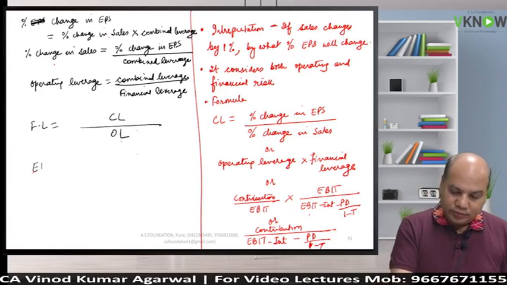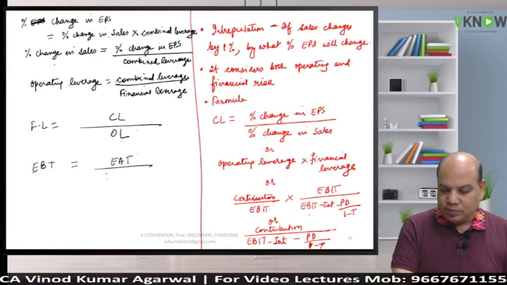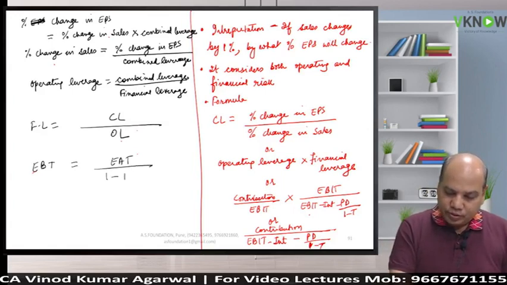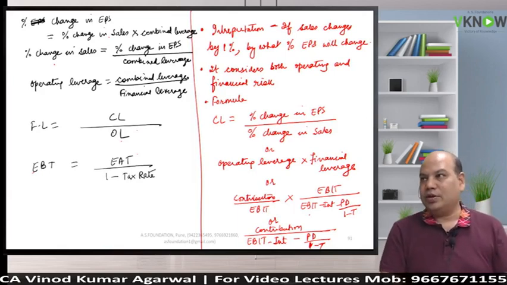Then write EBT equal to EAT upon 1 minus tax rate. Reverse working question: from EAT you have to find EBT.